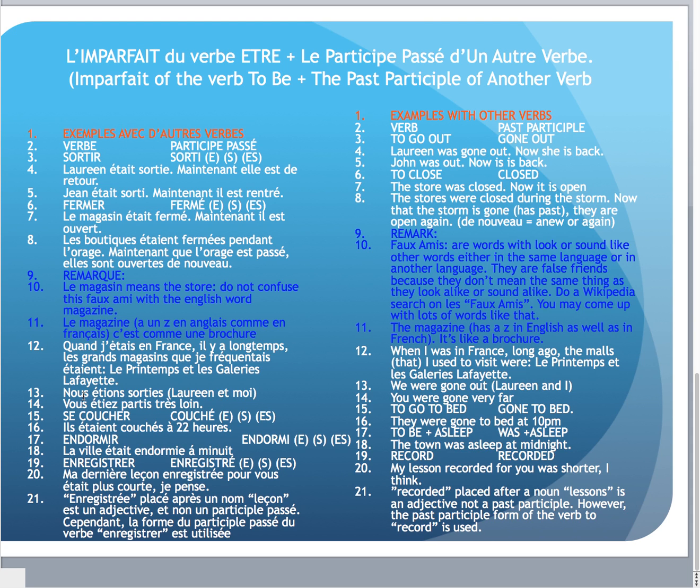Now, in line 13, nous étions sortis. I see ES at the end. I have to put into parentheses two names there, I mean two persons, Laurine and I. Laurine is a female, and moi, who's speaking, is a female. So ES: E for female, S for plural. More than one female is concerned here, was gone out. So ES comes in. Vous étiez parti très loin.